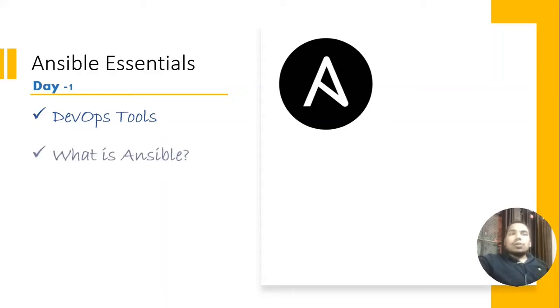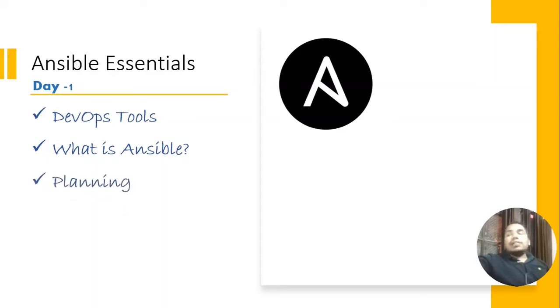Our next objective is to know what Ansible is, how it works, what it does and why we should use it. Then we're going to cover the planning phase. There are certain parameters which we must take care of before implementing Ansible in our infrastructure, which we're going to discuss.